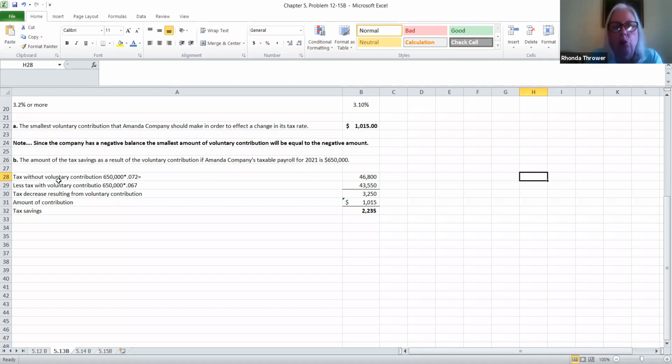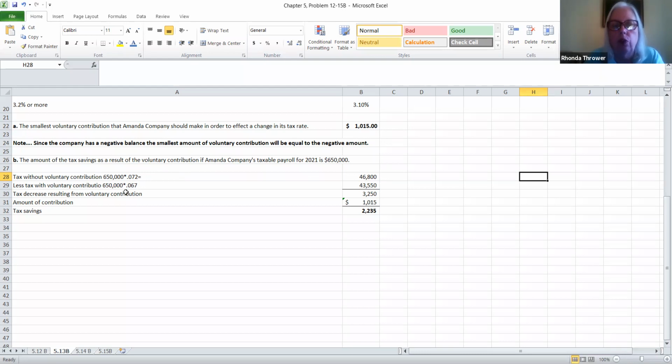So the tax without the voluntary contribution would be figured at 650,000 times 7.2%. The amount of tax would be 46,800. If they paid that contribution amount, this 1,015, to the state government, they'll get a lower tax rate of 6.7%.